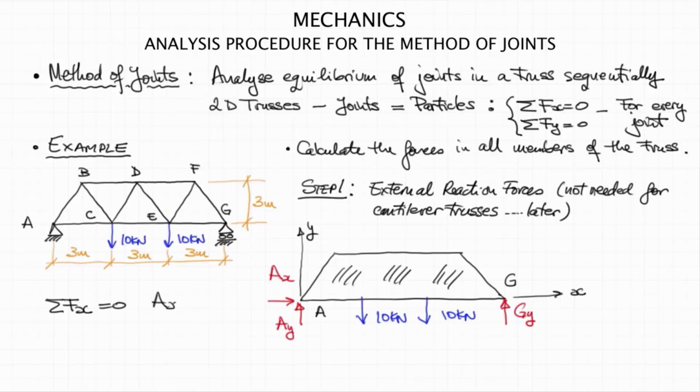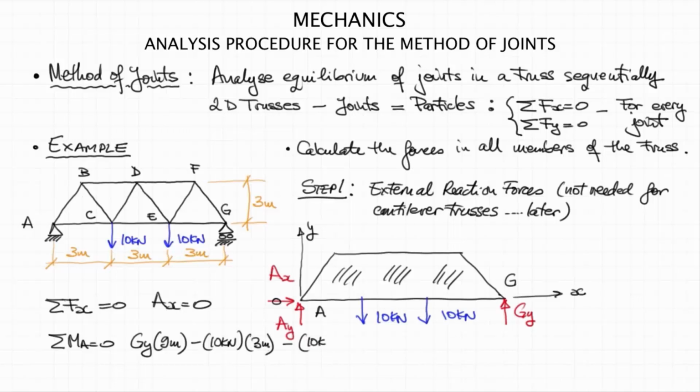If we sum the forces in the horizontal direction, there are no forces applied in that direction, so the horizontal reaction at A is 0. Then if we sum the moments at point A equal to 0, that will solve for GY.